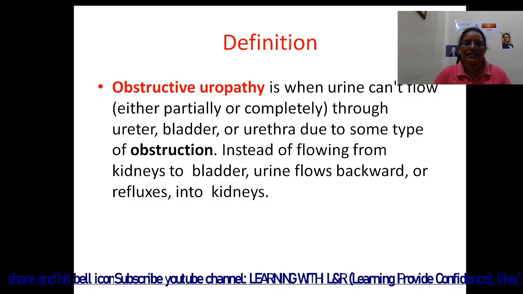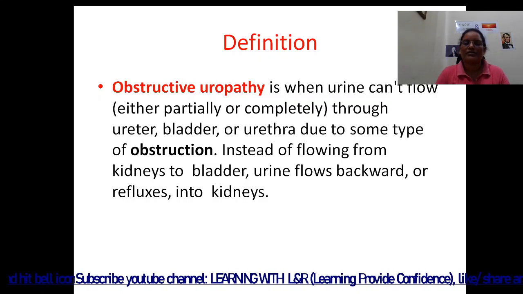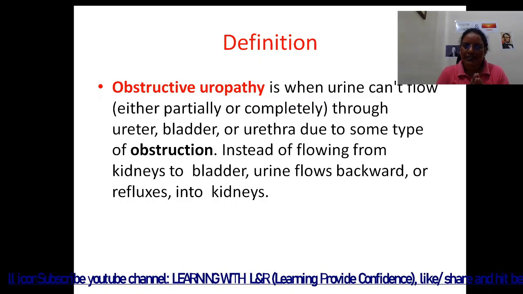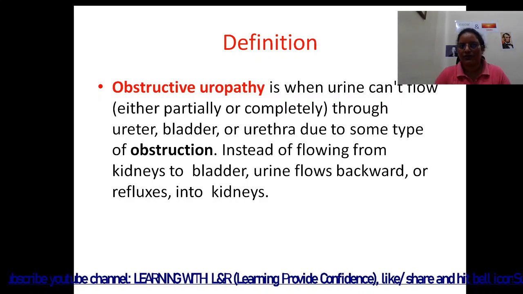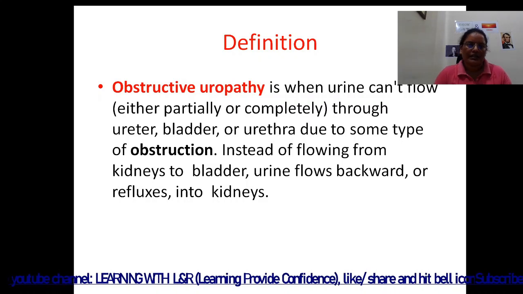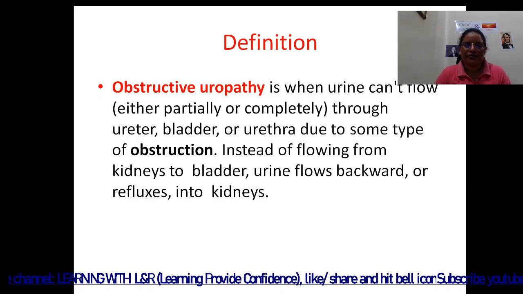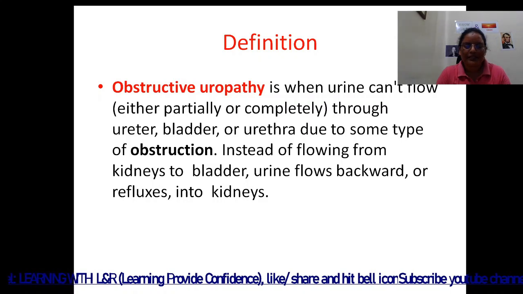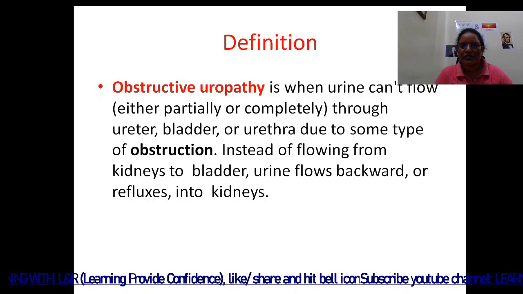Instead of flowing from the kidneys to the bladder, urine flows backward, or refluxes, into the kidneys. Wherever the obstruction is present in the pathway of urine flow, whether in the ureter, bladder or urethra, there is a backflow rather than the normal flow, and the part above the problem becomes swollen.